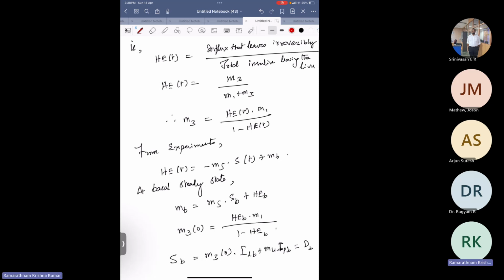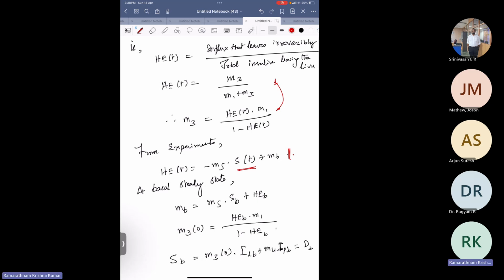Okay. Now I rearrange the terms, and I can find out M3 is equal to HE into M1 divided by 1 minus HE. So from experiments, HE is found to come from a linear relationship with secretion.